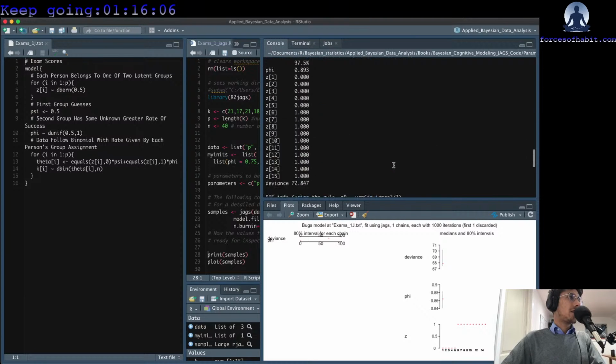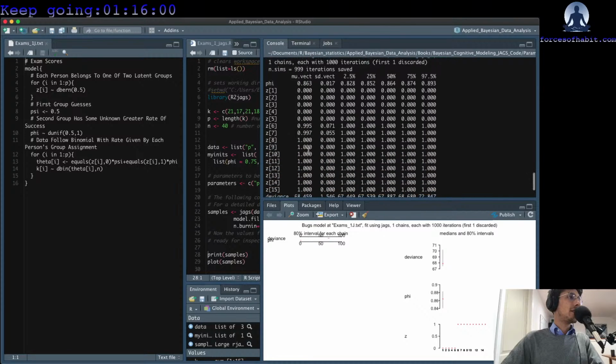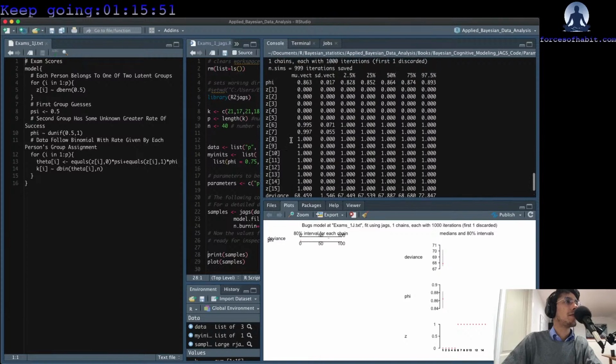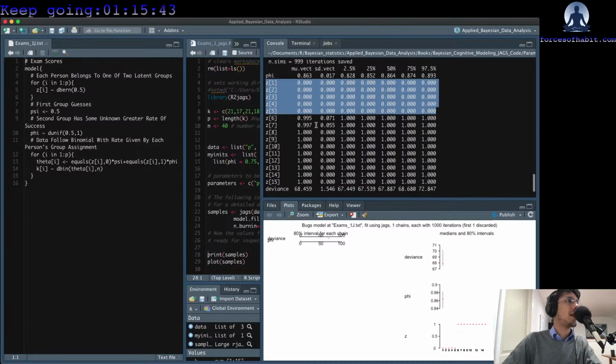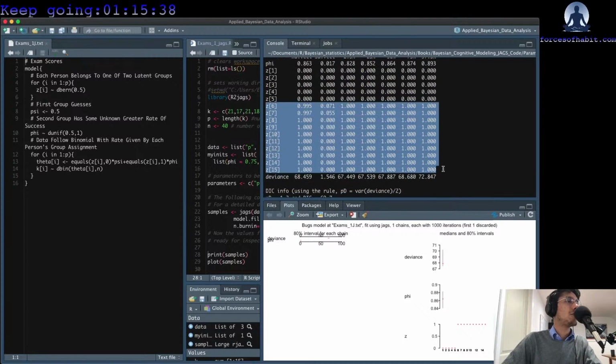Looks like we're getting phi, and then we're getting a value demonstrating if they were in one group or another group for each of the 15 subjects. And it looks like those, just like the data said, 1 through 5 are in the 0 group, which is the non-knowledgeable. 6 through 15 are the knowledgeable group.